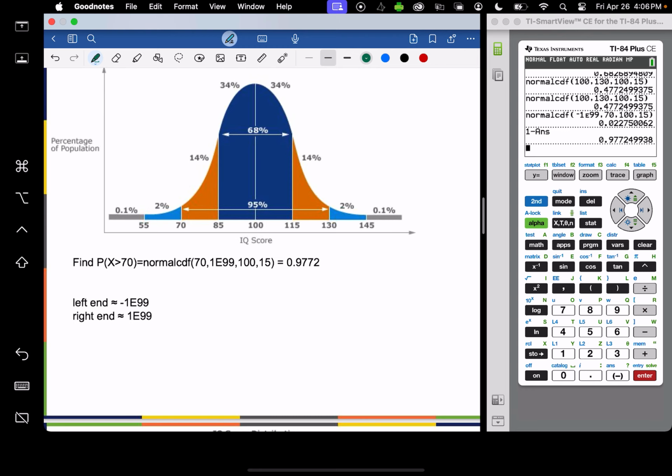The left end is negative 1E99, and the right end, if you needed a right end point, would be positive 1E99. So this is an example of showing you that to find the area to the right of 70, you could say 70 is my lower bound, 1E99 is my upper bound, mean and standard deviation, and that gives me the same result.